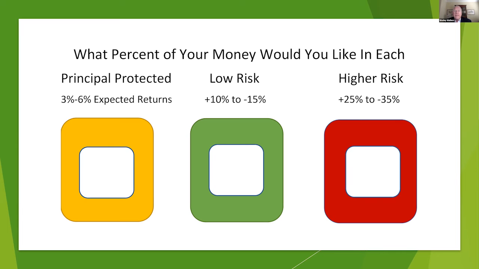So let's look at the middle box. We're introducing risk, but let's call this a low risk choice. So here you might make 10%, maybe a little bit more a year. Of course, you can make 0, or you can lose 15%. Over on the final red box, this is the higher risk funds.